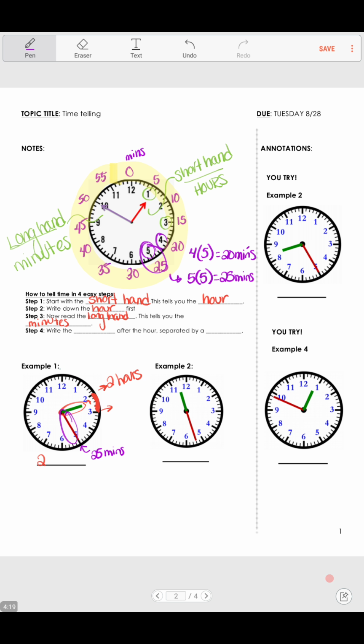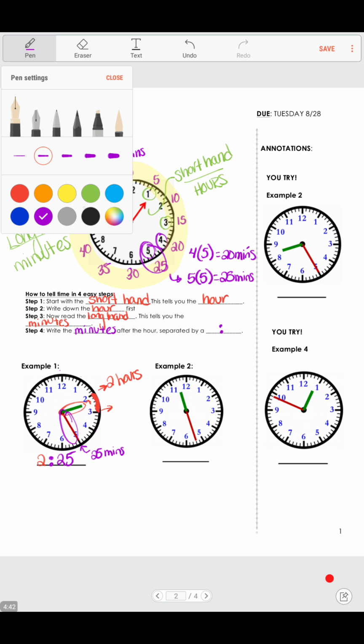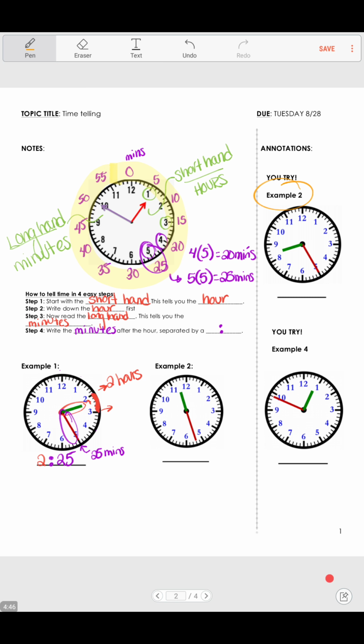Again, we can start here and count 0, 5, 10, 15, 20, 25. So you're going to write the minutes after the hour separated by a colon symbol. So 2, colon, 25. Okay? Go ahead and now try example number 2.